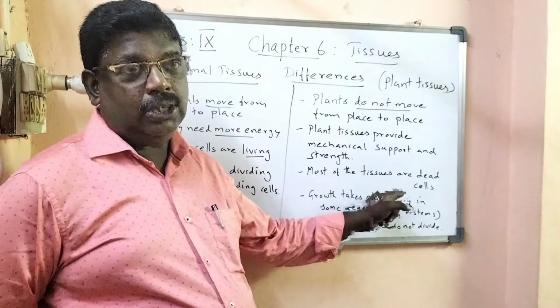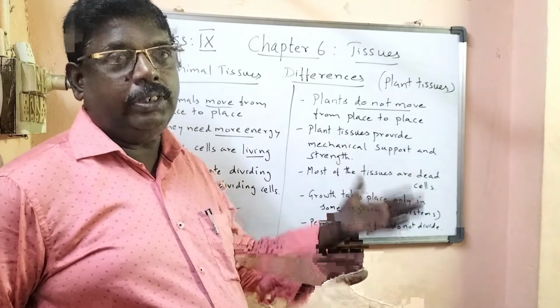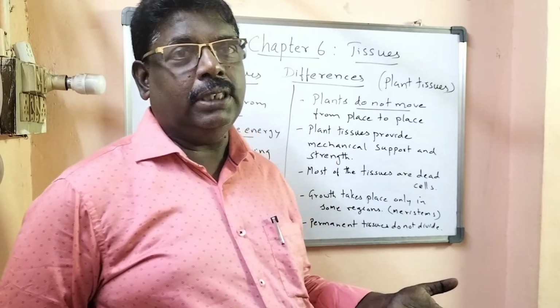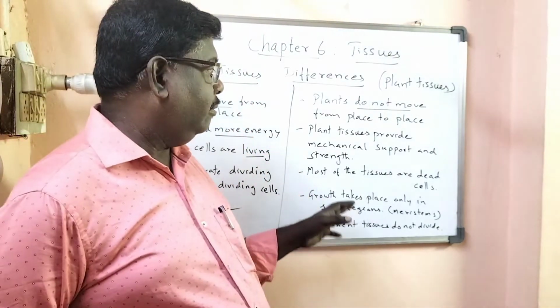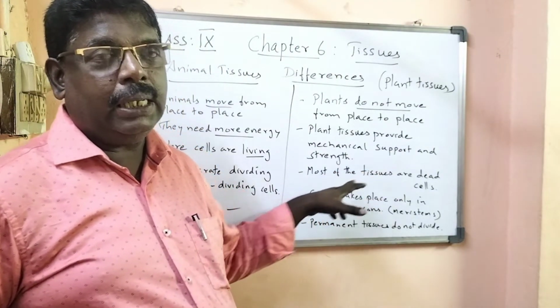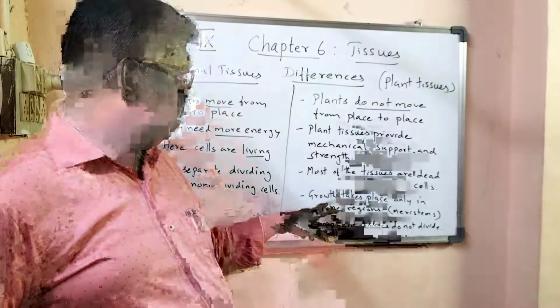Most of the tissues are dead cells. You have seen the wood of the tree, the bark of the tree, the husk of certain fruits. They are all non-living, dead, and provide mechanical support and strength.